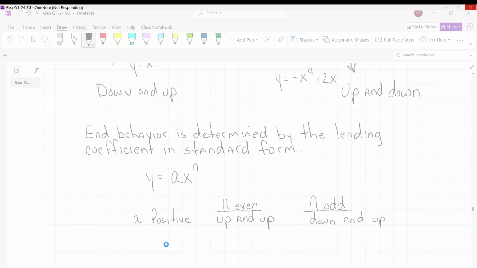You can continue this table. Right here, we're going to go when a is negative.